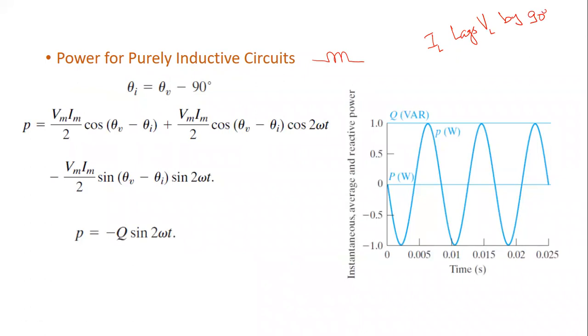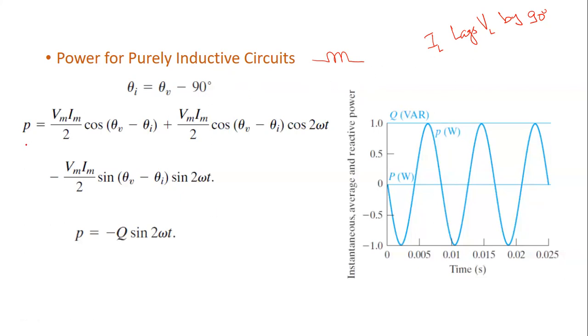So the phase angle of the current will be the phase angle of the voltage minus 90 degrees. The peak of the current will occur 90 degrees after the peak of the voltage. This is why we have a lagging current, and this lag or phase shift is 90 degrees.